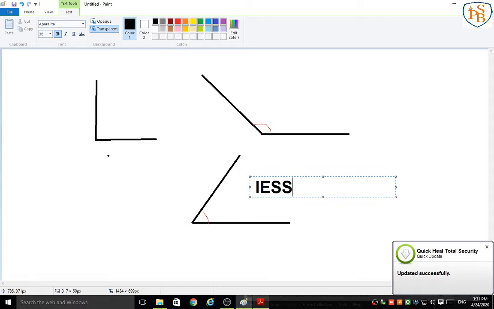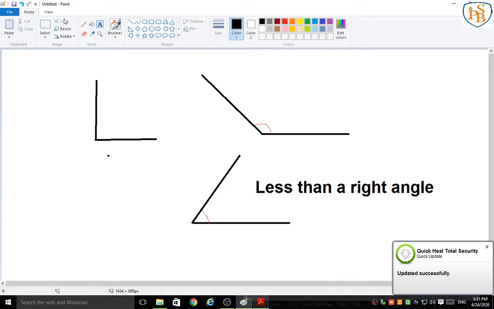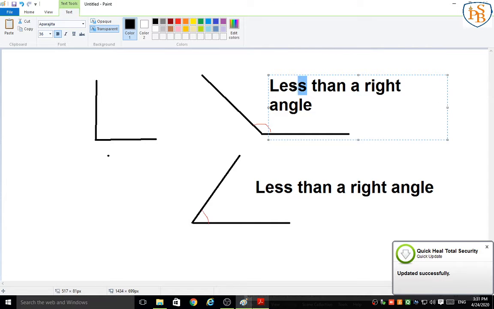This angle shows less than a right angle. This angle shows less than a right angle. Correct? Then this angle shows more than a right angle.